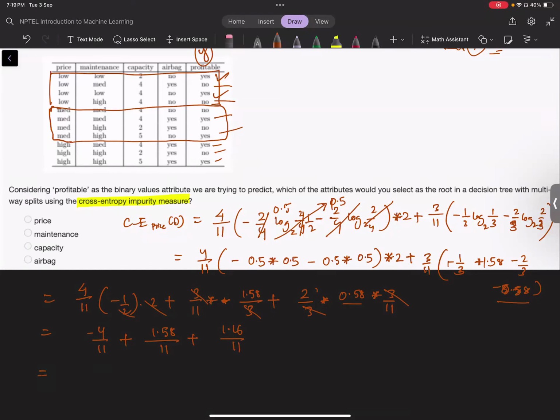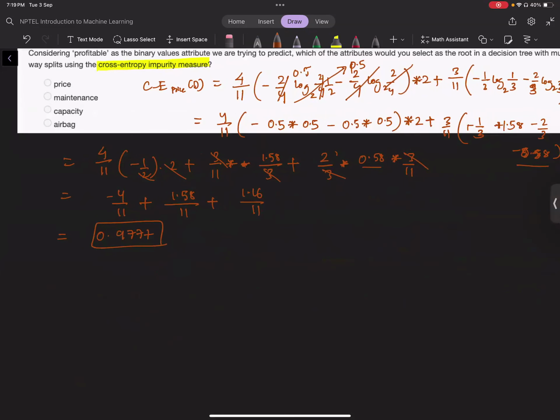That is equal to, let me use a calculator, approximately 0.9777.